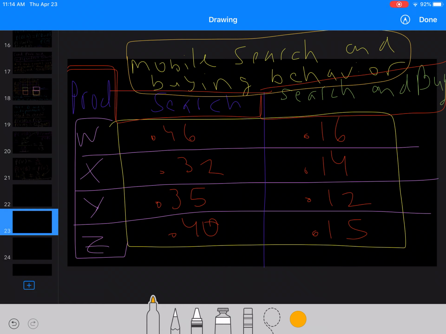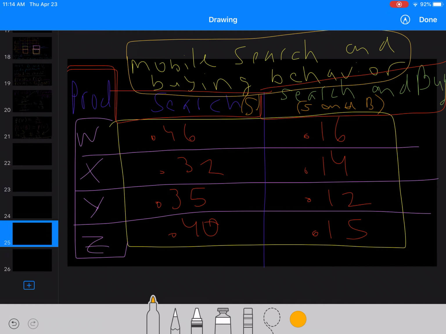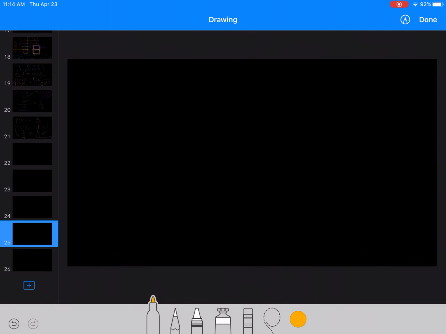So this column here, that's just our search and buy column, S and B. And this is just our S column, right? So that's just our search column. So all we have to do is set up lots of ratios given the numbers we are given in the problem. So let's do all of them here.